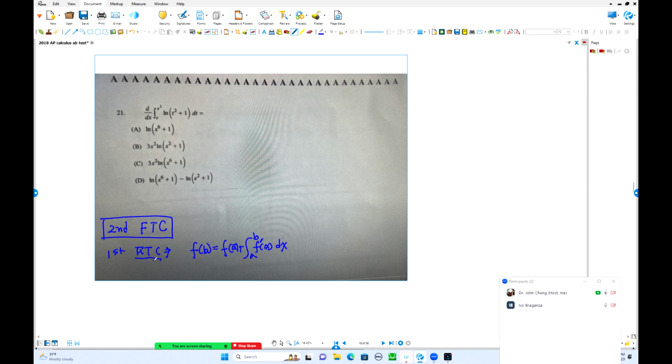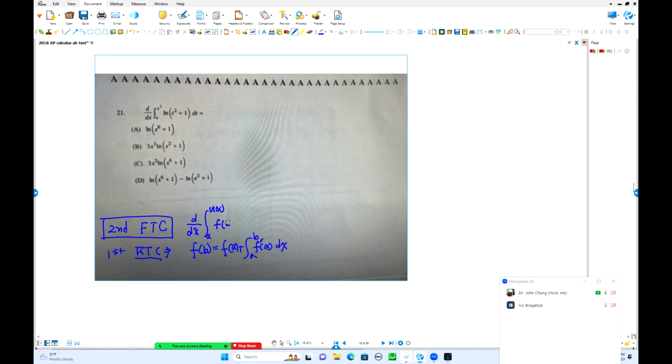The second fundamental theorem of calculus is this one. When you have d/dx of the integral from a constant, you can use e or a, it doesn't matter, any constant, up to, here it is x cubed, I'm going to use it generally as u, a function of x.